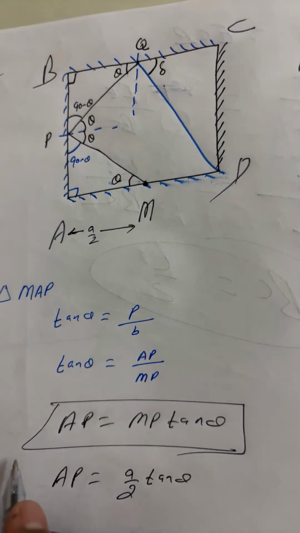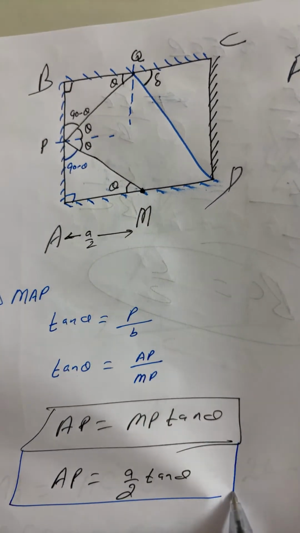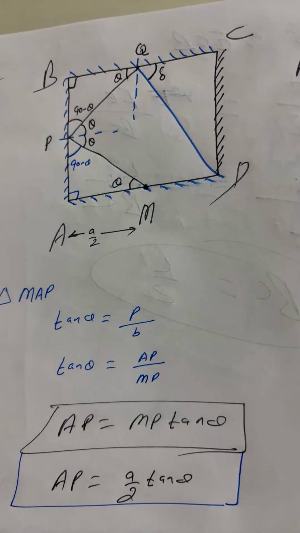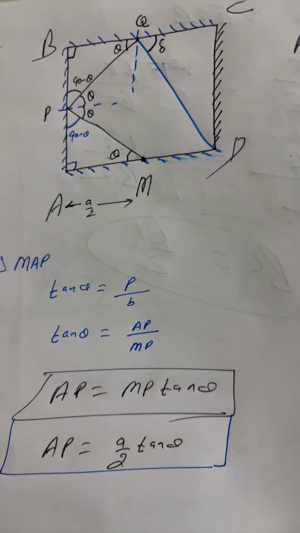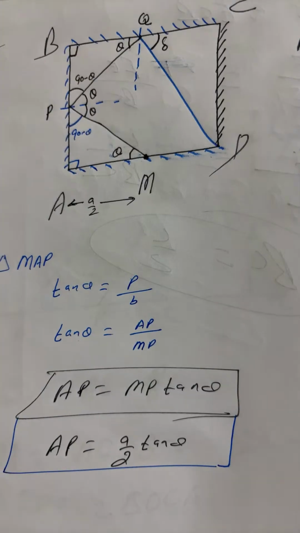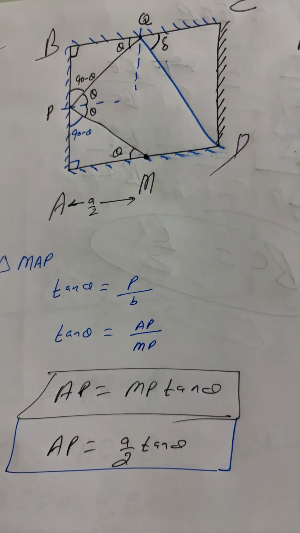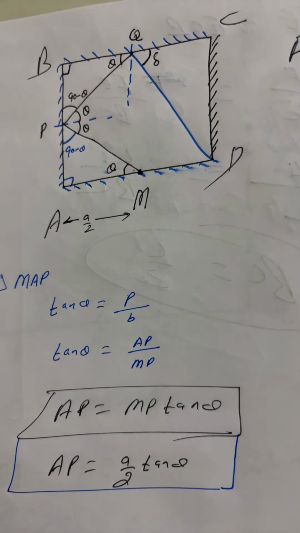AP is a by 2 of tan theta, right, my dear? Okay, fine. So now again I wanted more things.